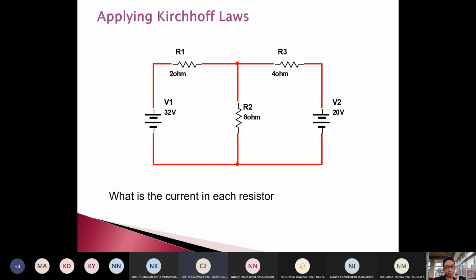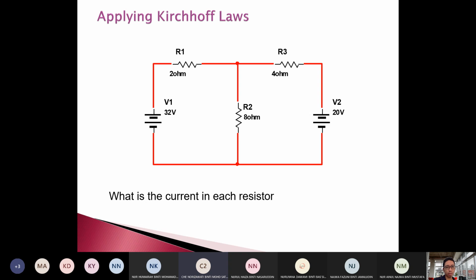Okay, that's correct. But this one is 32. Unless we put it as minus 32 plus I1 R1 plus I2 R2 equals 0. Then it should be correct. So that's the voltage equation.